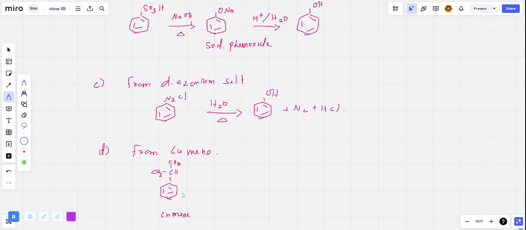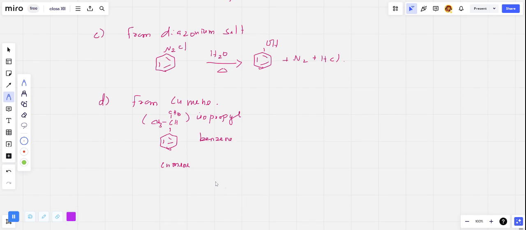This is isopropyl benzene, where the group is isopropyl and this is benzene. The common or commercial name is cumene. When this isopropyl benzene is oxidized with oxygen in the presence of air, it produces cumene hydroperoxide.